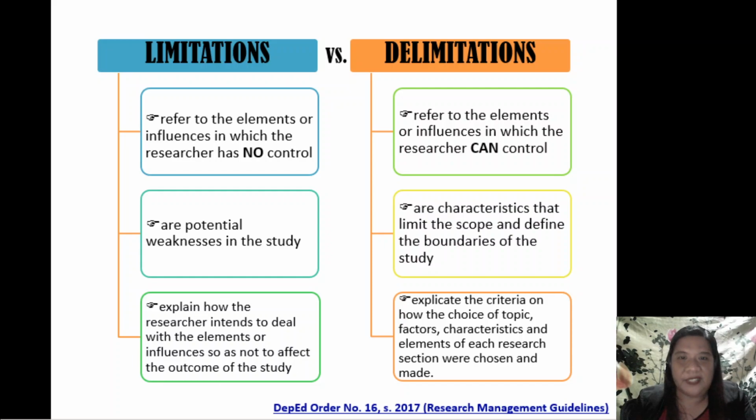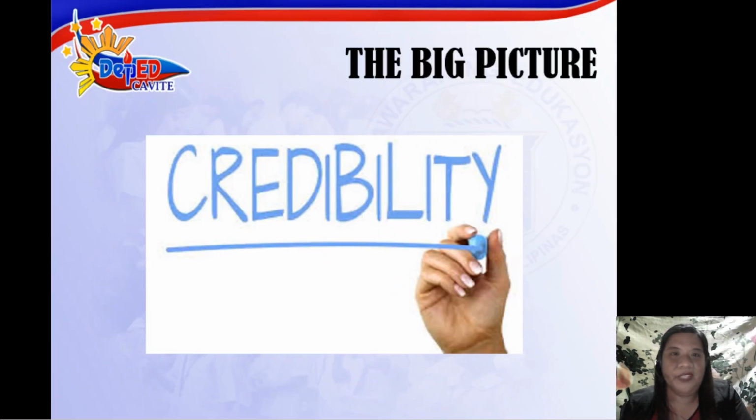Actually, that is already the summary of what I have discussed a while ago, just to cap off. Okay. Now, what is the big picture of all these?